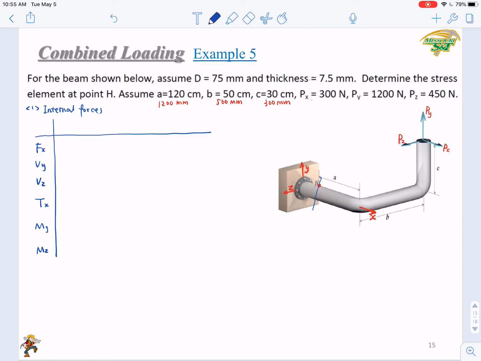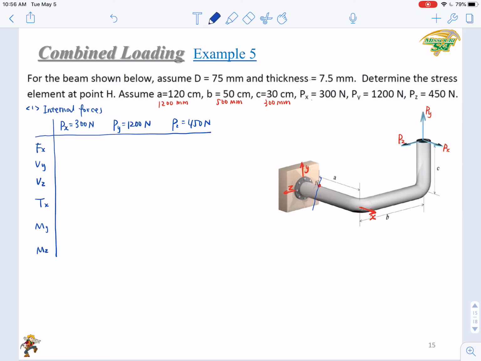And the external loadings, you have Px, Py, Pz. Px is 300 Newton. Py, 1200 Newton. Pz, 450 Newton.